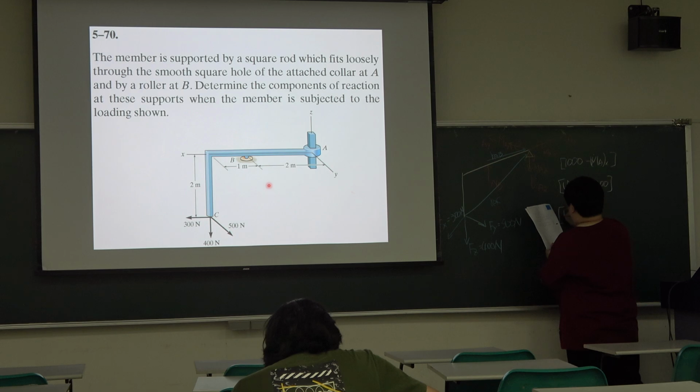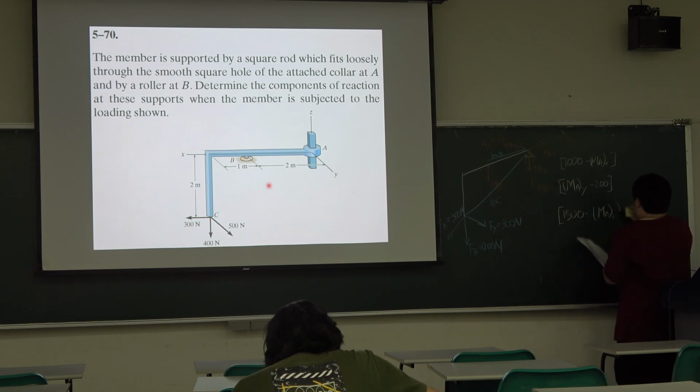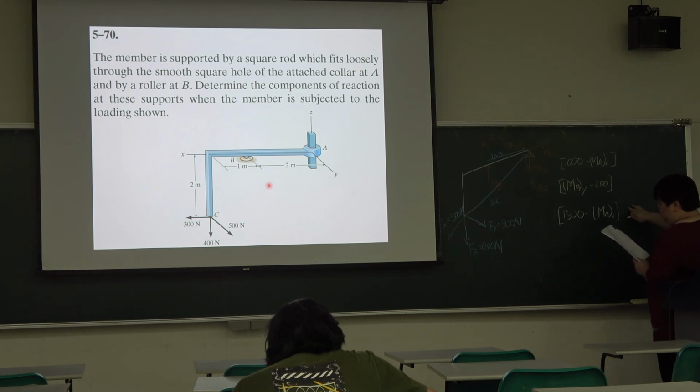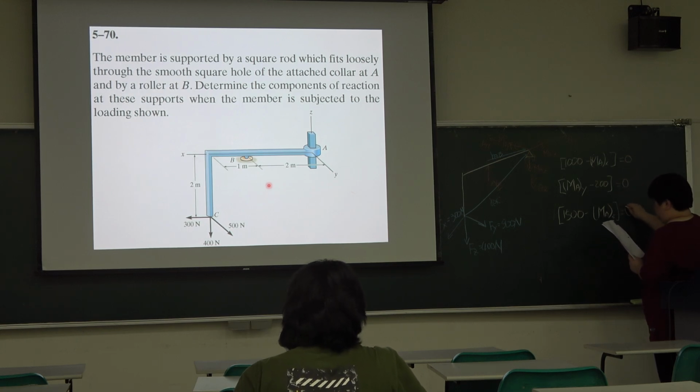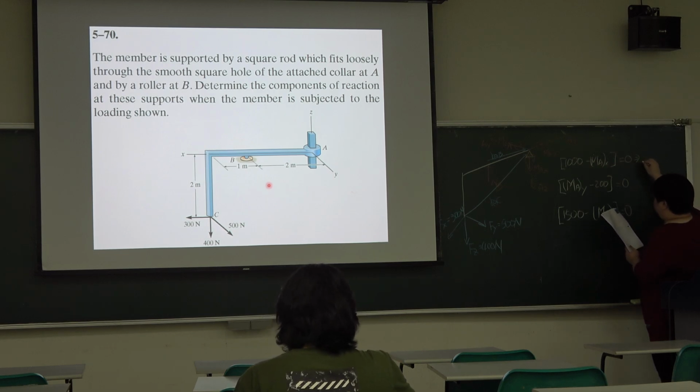And this is the K part. And the I part, J part, K part also, like summation Mx, My, Mz is equal to 0. So we can very easily get the moment answer.